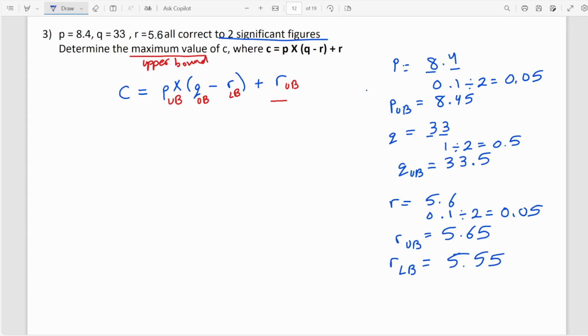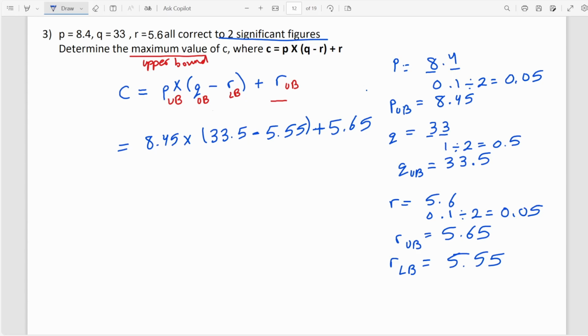Now, basically, we'll substitute our variables. P upper bound is 8.45 multiplied by Q upper bound, which is 33.5 minus R lower bound, which is 5.55 plus R upper bound, which is 5.65. Okay? And now you can go ahead and plug all of those numbers on your calculator as a whole expression.